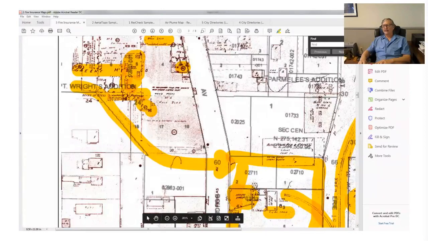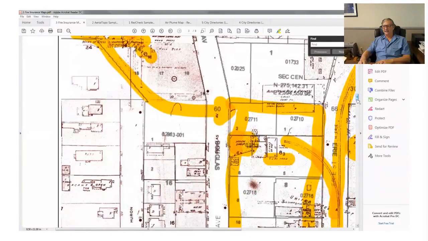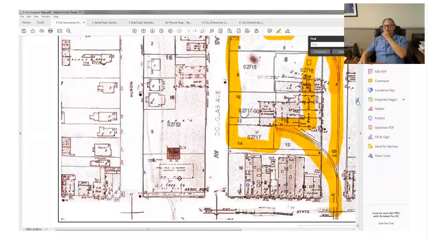Not counting the railroad spur lines, the engines leak oil and diesel and spill all kinds of things. Right here, we've got 8 trucks for delivery. Wow, do they repair those trucks on site? This is on our subject property. Think about that.